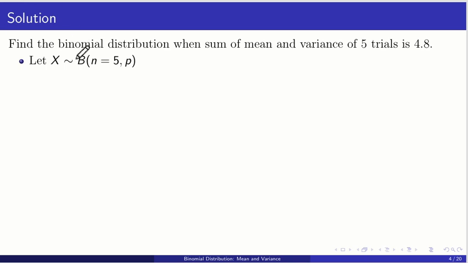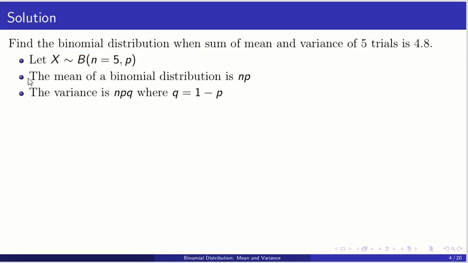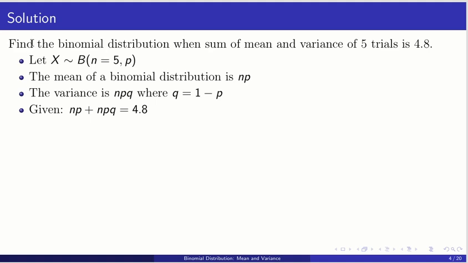Find the binomial distribution when the sum of mean and variance of 5 trials is 4.8. So the number of trials is 5, and another condition is given: NP plus NPQ would be 4.8.